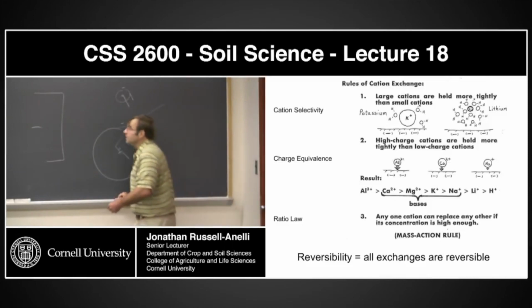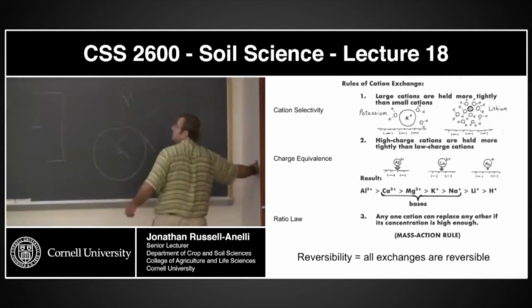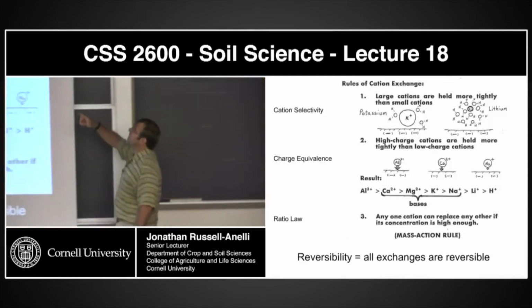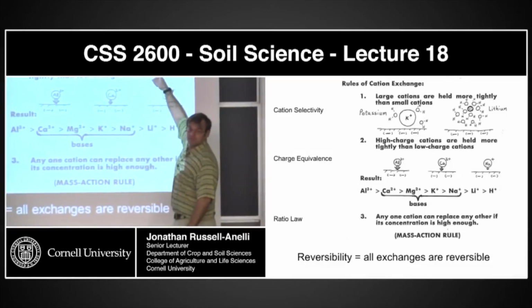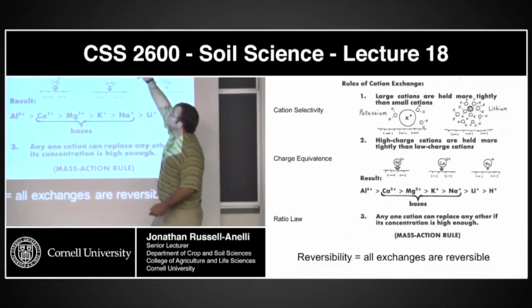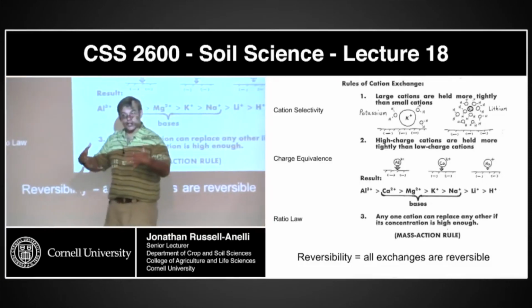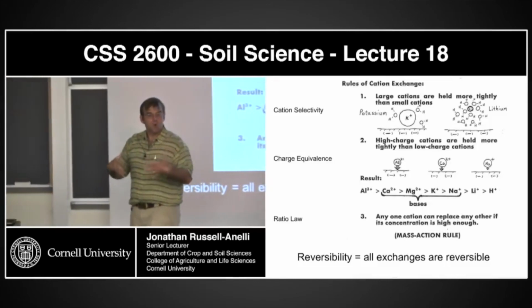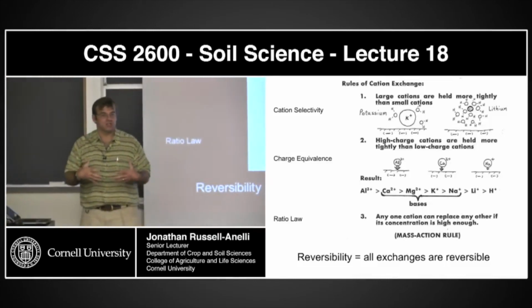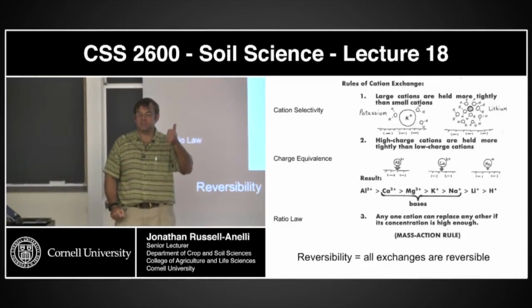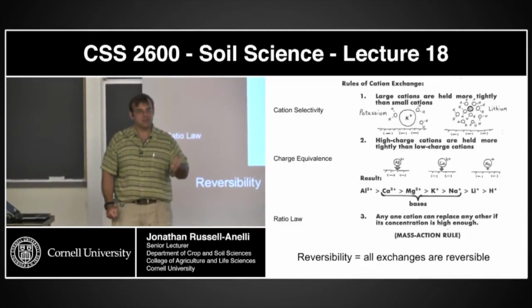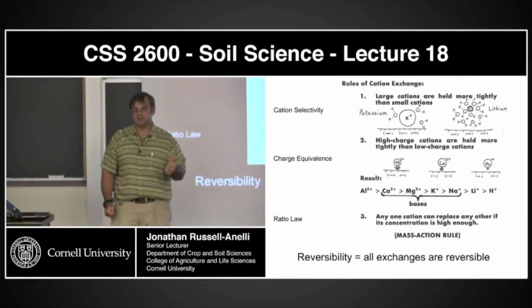It's a lot easier for the lithium to be surrounded by protons, by water in essence, than the potassium. So the potassium, because it has a larger shell, is more likely to hang on to those exchange sites. So the first rule is basically size. The bigger it is, the tighter it's held.